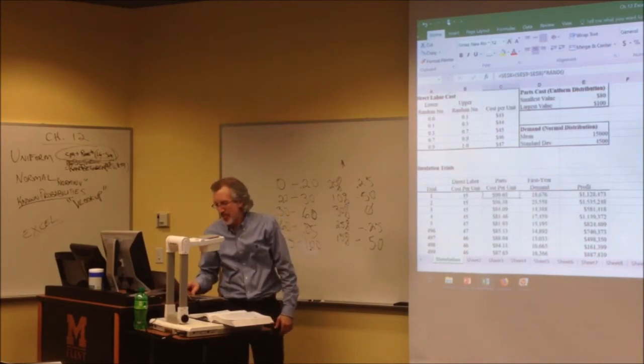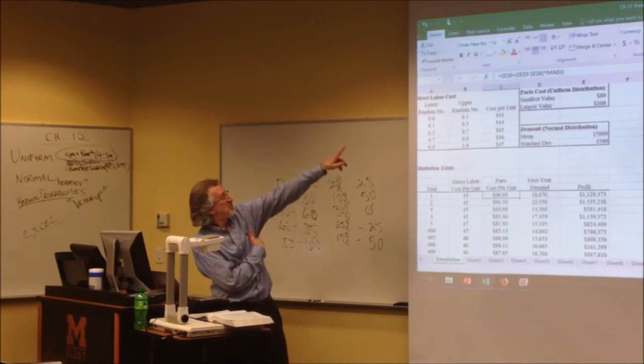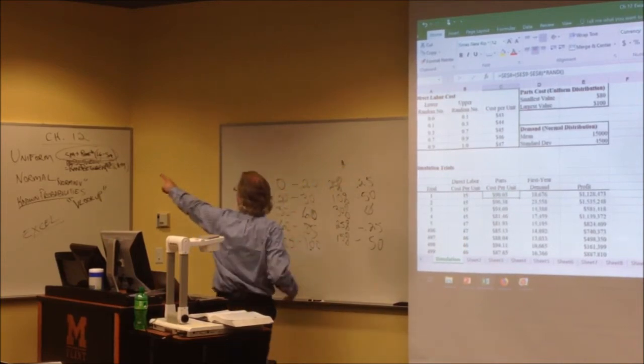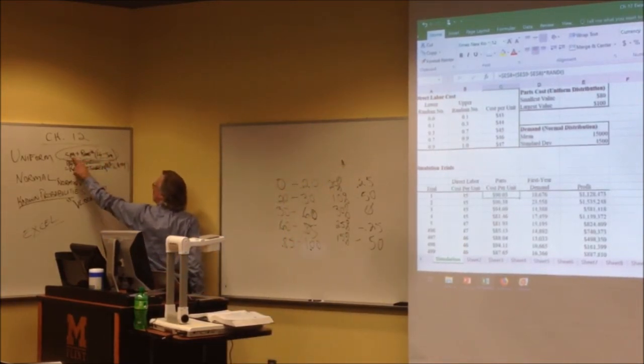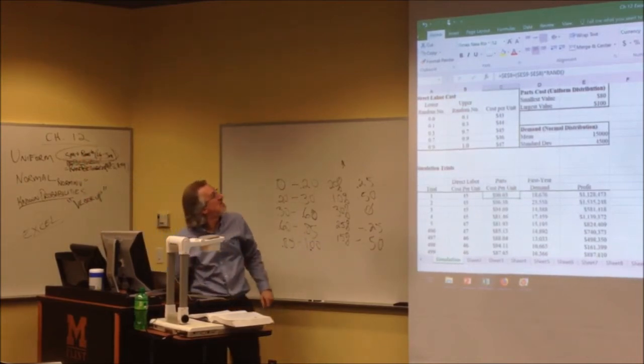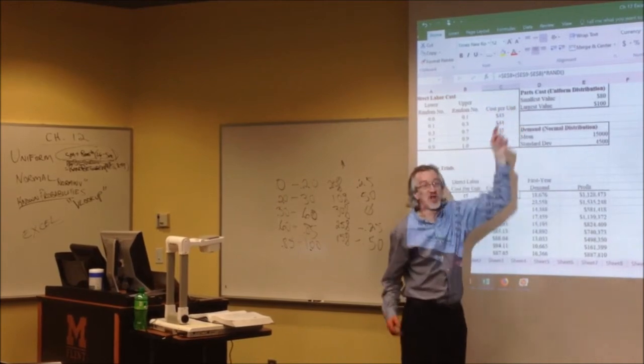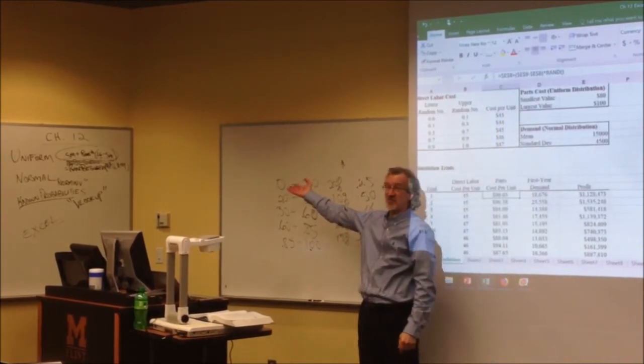Next, here's uniform. And notice it's using this formula up here. The cell location where the smallest number of the range of the uniform distribution is, plus, so this is taking the range of the largest minus the smallest first, then multiplying times the random number.